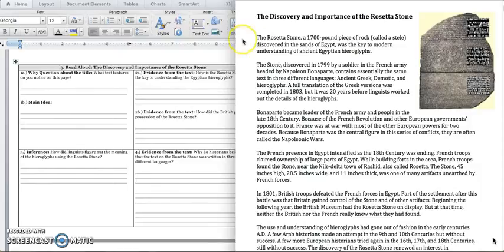I'm going to stop right there because this tells me exactly why the Rosetta Stone was important. It was the key to modern understanding of ancient Egyptian hieroglyphs. I'm going to write that sentence down in 1B for my main idea. The Rosetta Stone was the key to modern understanding of the ancient Egyptian hieroglyphs. Press pause to write down your answer and play when you're ready to keep reading.